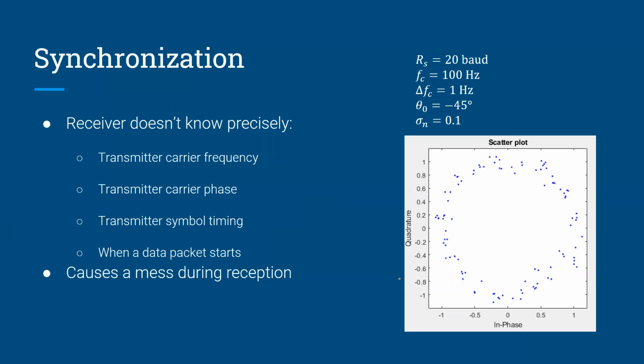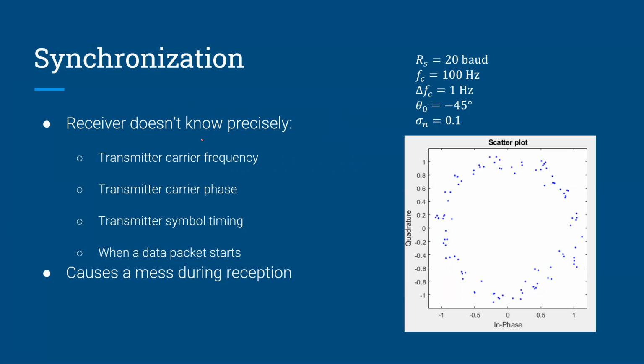This is kind of an interesting topic. It's less mathy, and more, I guess you could say, algorithmic, but it's still pretty interesting. In general, we have a transmitter and receiver in a communication system. The transmitter has its clock, some oscillator generating a sine wave or a square wave, and that clock controls the carrier frequency and when we send each symbol.